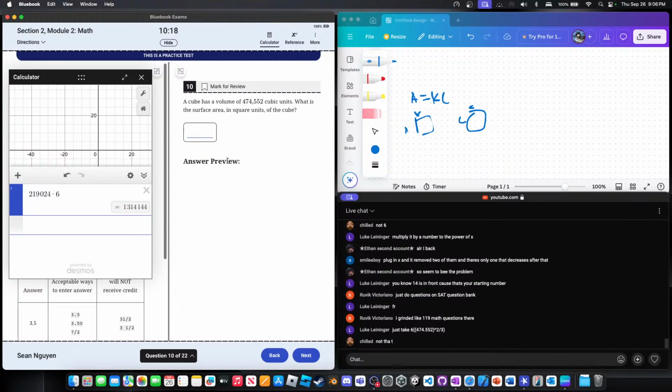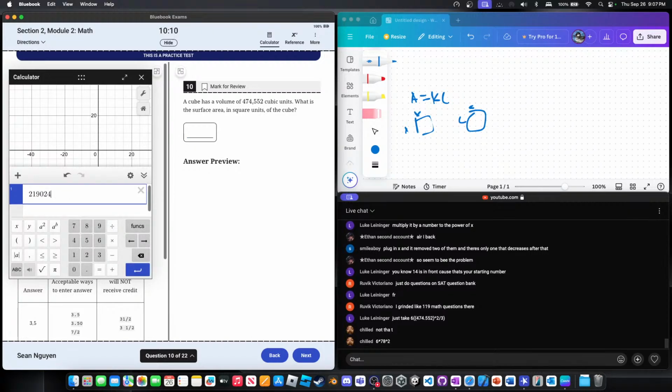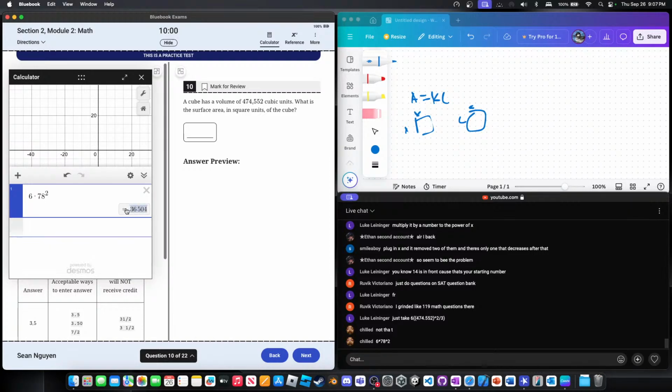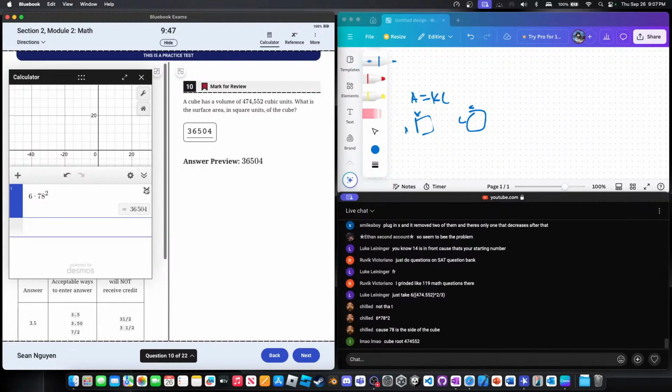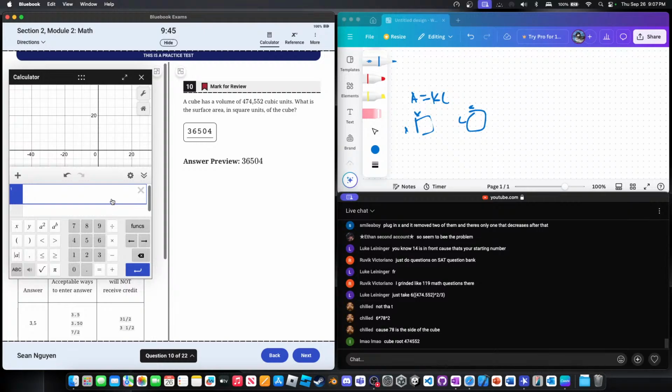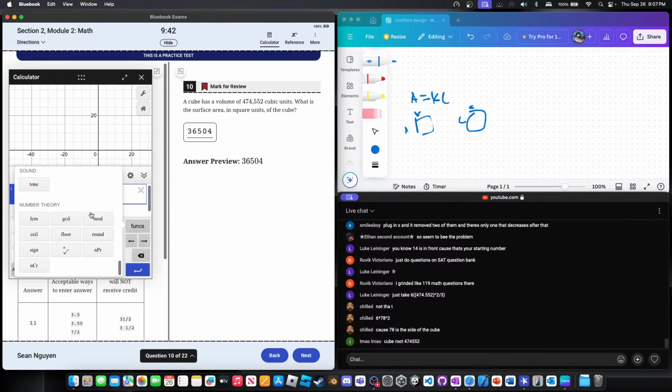Square root to 36504. Side of the cube. Yeah, I did cube root it.